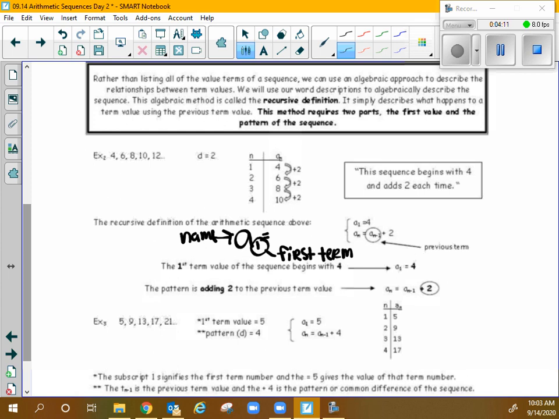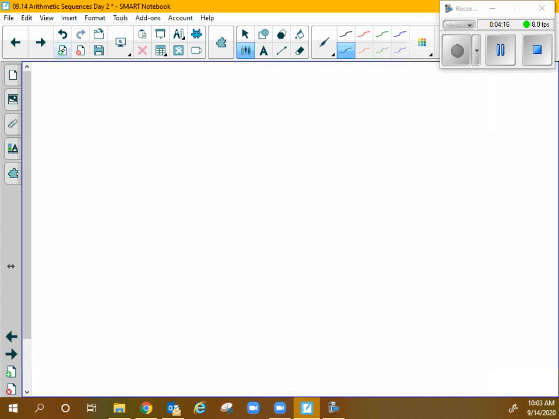Okay, I'm going to explain what it means. I have a sequence. A of 1, give me a term. 5. 5, great. Okay, A of n minus 1, give me a common difference. 4. 4, I heard 4 first.